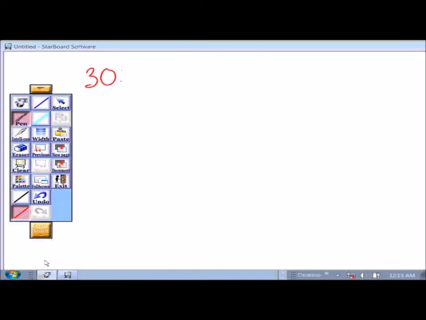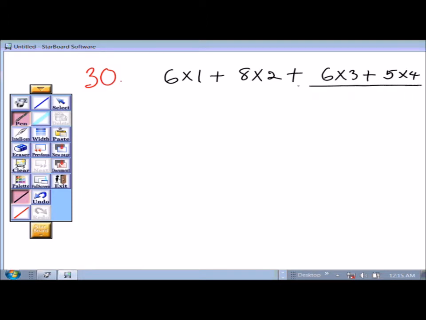And the area is this height times the width, and this shall be 6 times 1 plus 8 times 2 plus 6 times 3 plus 5 times 4. And of course, the heights of these bars are 6, 8, 6, and 5.